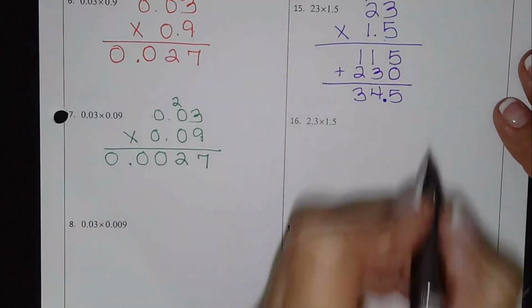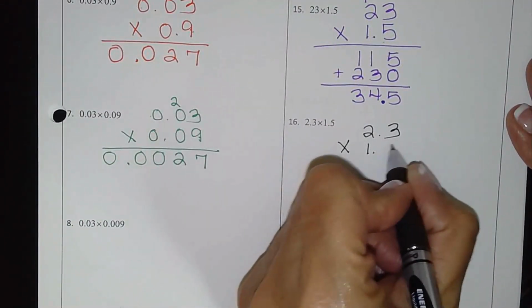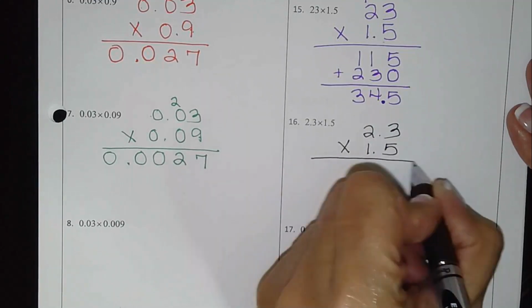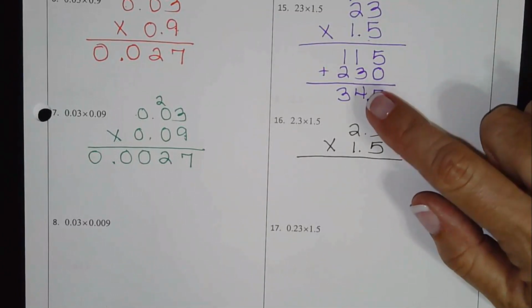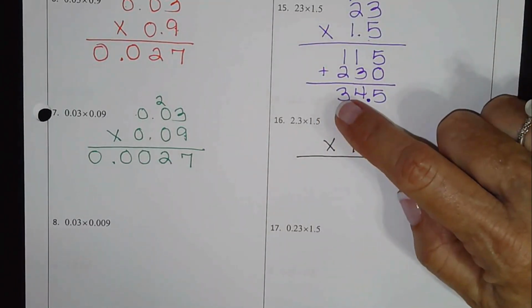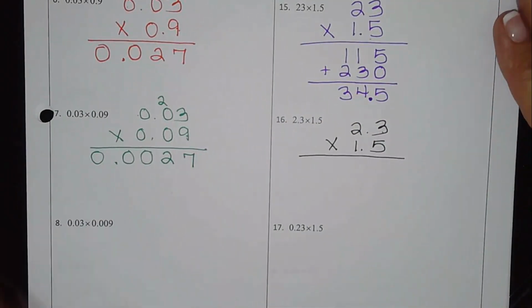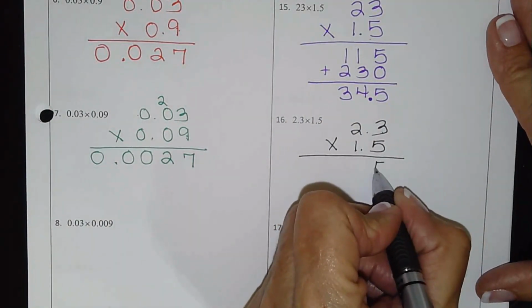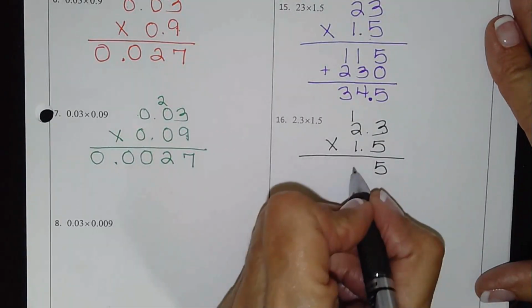And then we have 2.3 times 1.5. 2 decimal places for this answer. We could actually just look at this answer up here and go, oh, it's 3.45. But I'm not going to take a shortcut. So 5 times 3 is 15. Carry your 1. 10 plus 1 is 11.